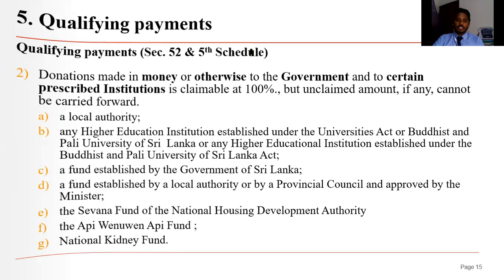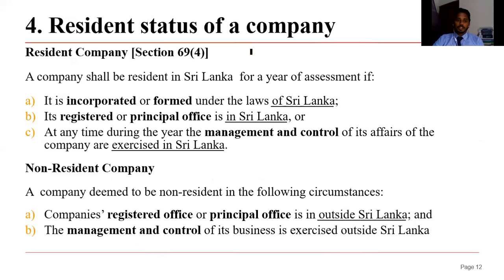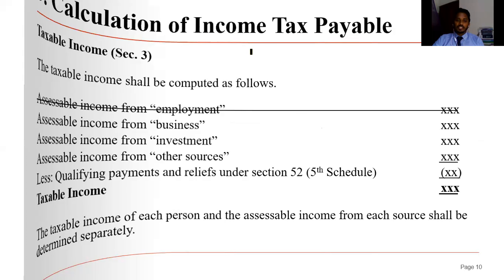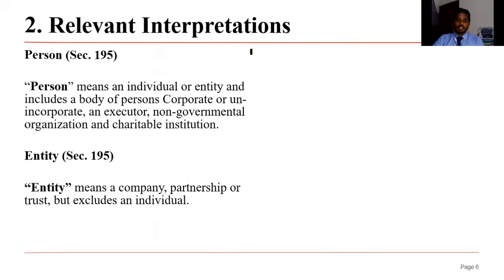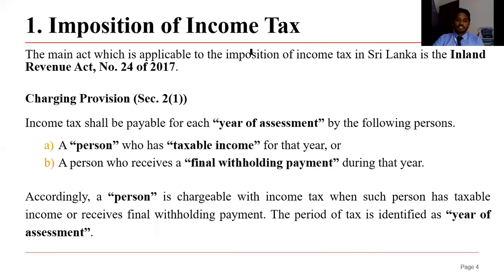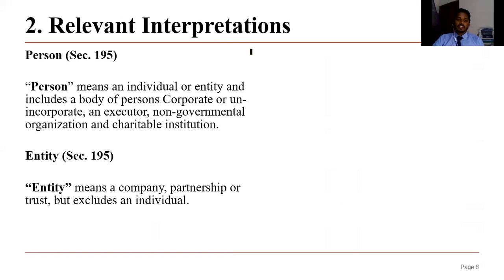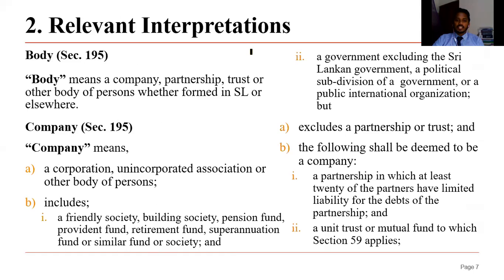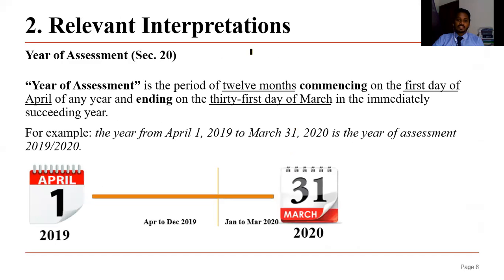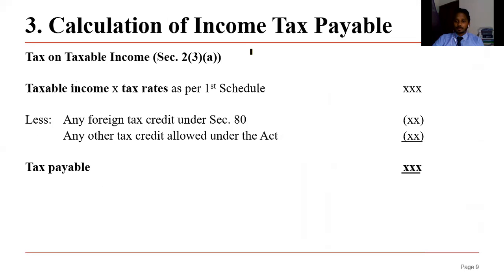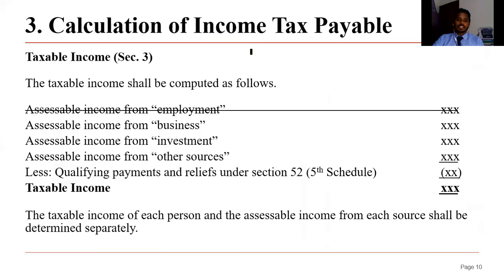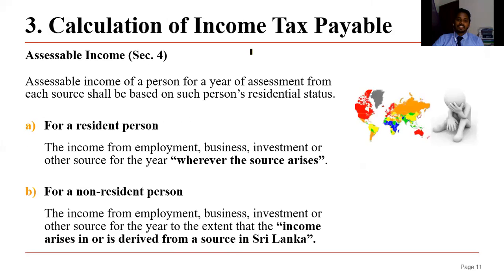So we did a discussion up to now from the beginning. I just want to recap from the introduction. We went through the person definition and the year of assessment. We discussed the tax on taxable income formula and what the taxable income is. Then section 3, and then we discussed residency of a company, how to determine resident and non-resident person.